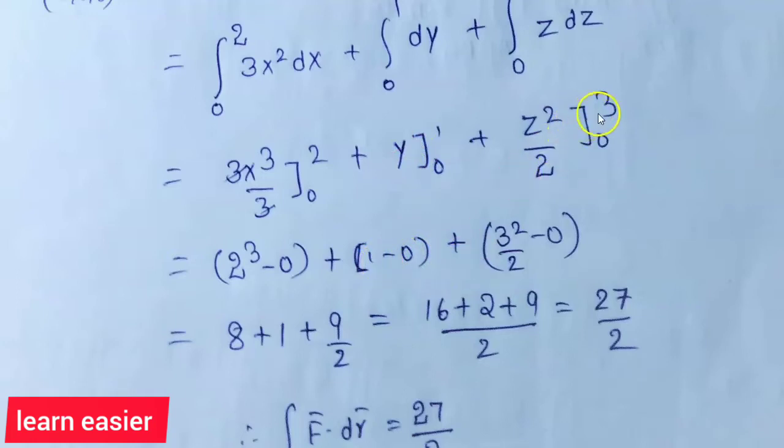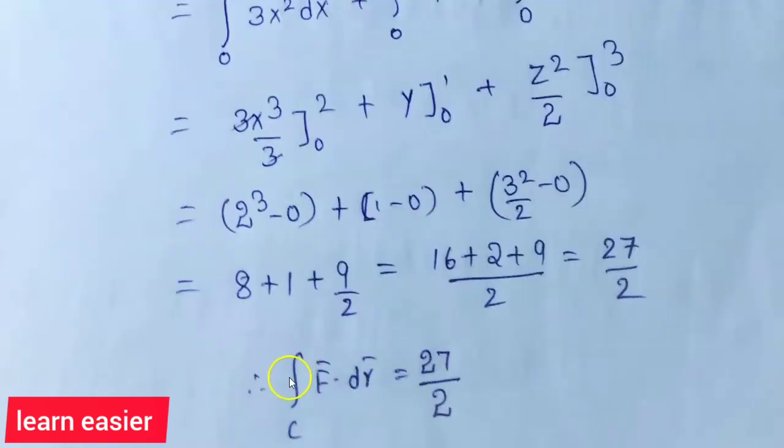And here we have 3 square by 2 minus 0 by 2, which is 0. So 2 cube is 8, plus 1, plus 3 square, which is 9, by 2. Taking the LCM as 2, we get 16 plus 2 plus 9 by 2. 16 plus 2 is 18, and 18 plus 9 is 27 by 2.